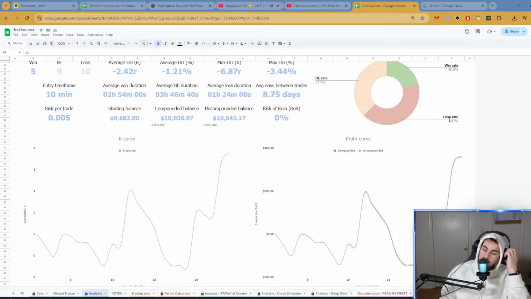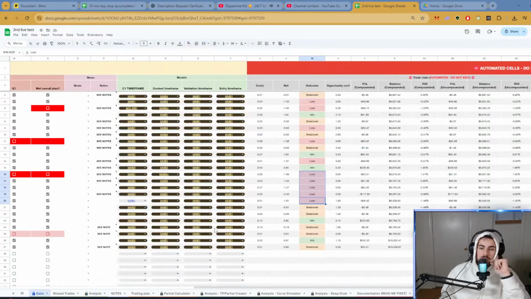Think about it. How many traders would actually sit there and lose the majority of the time and say, I want to be a trader? How many? Not a lot, right? But losses are a good thing because the only way you can get to the winners is to go through the losses.